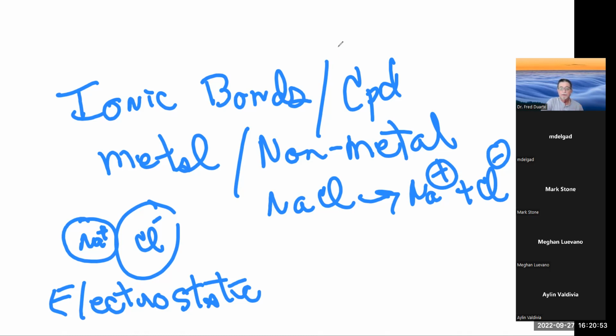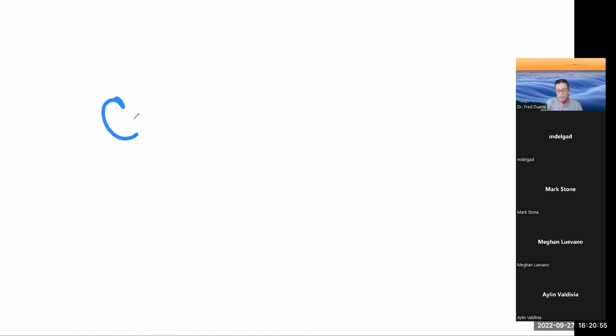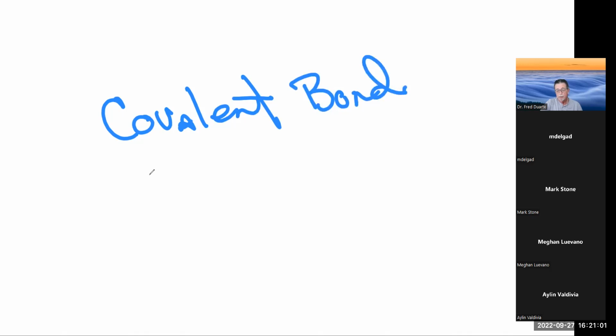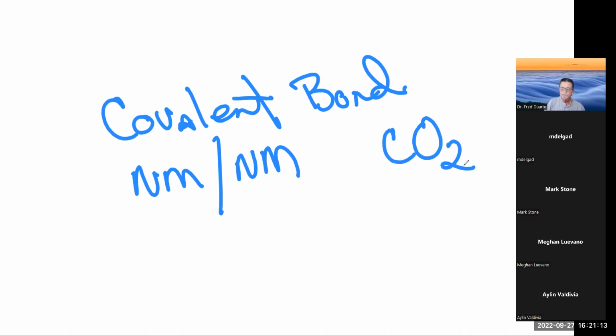As compared to a covalent bond, where we have a combination of a non-metal combined with another non-metal, okay? A good example would be carbon dioxide.